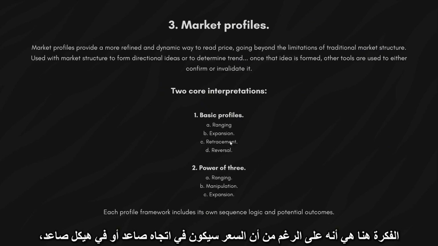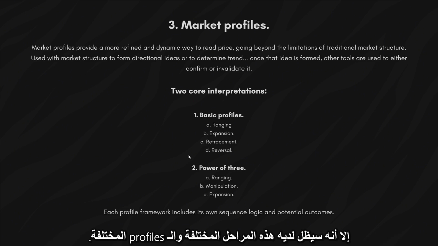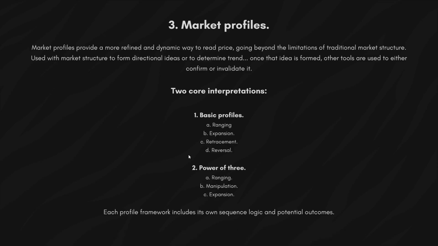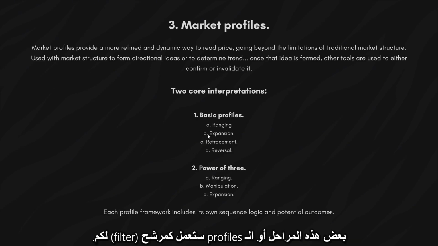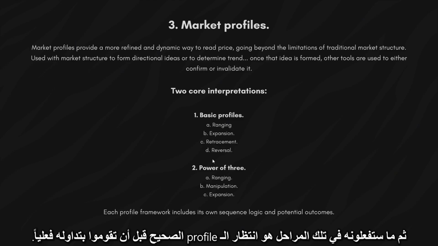Now, the idea here is that even though price could be in an uptrend or in a bullish structure, it'll still have these different phases and different profiles. And you can't just trade each one of these phases. Instead, some of these phases or profiles will act as a filter for you. And then what you're going to do in those phases is wait for the right profile before you actually trade.